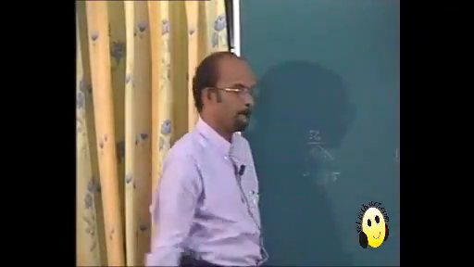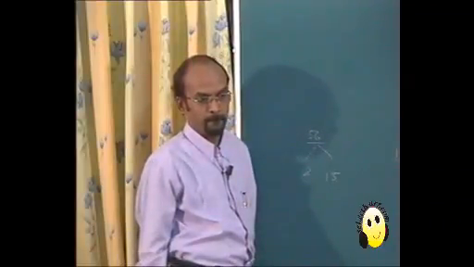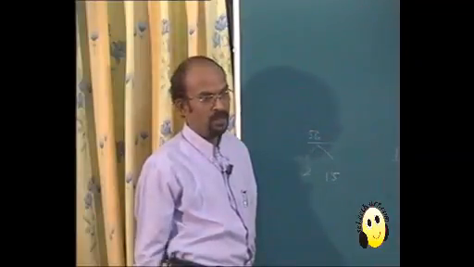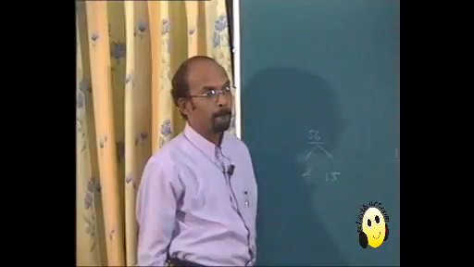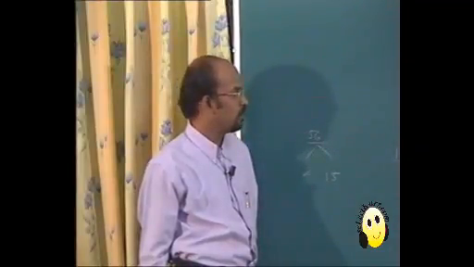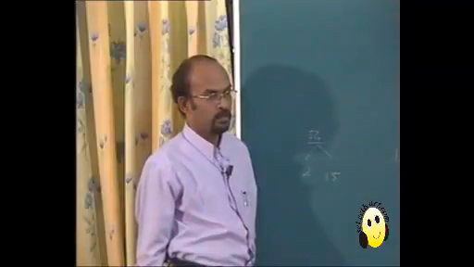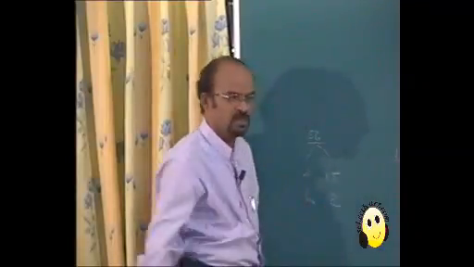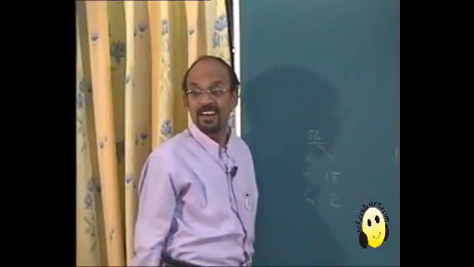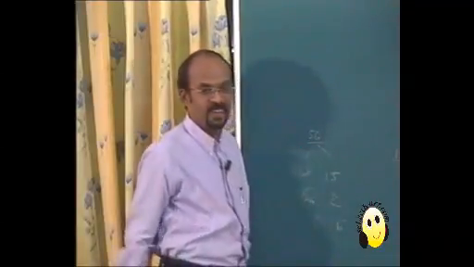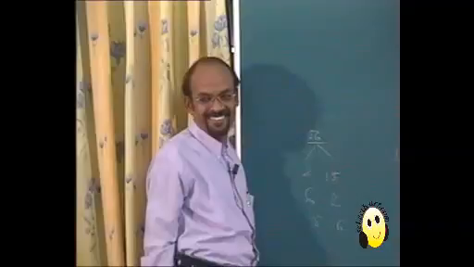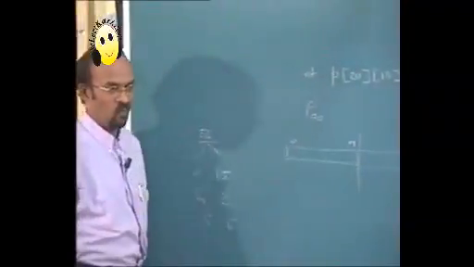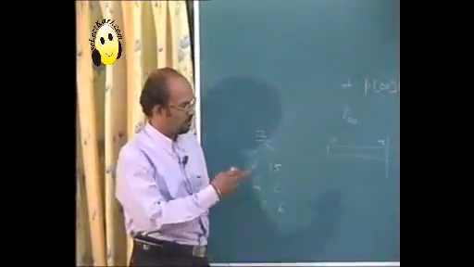Is it 215? 62? You said 6? 62. Fifth row, sixth column. It will be 0 to 9.